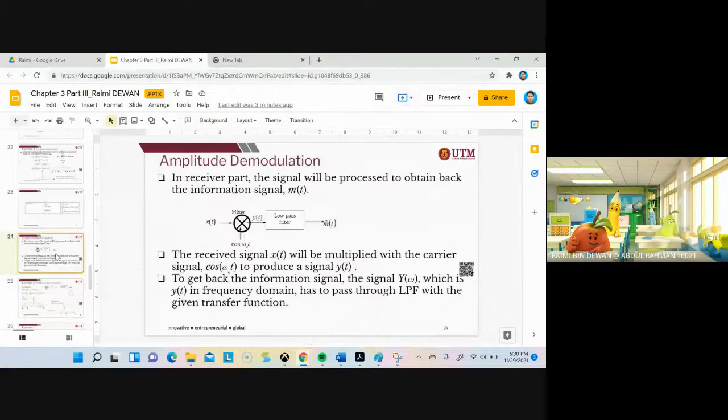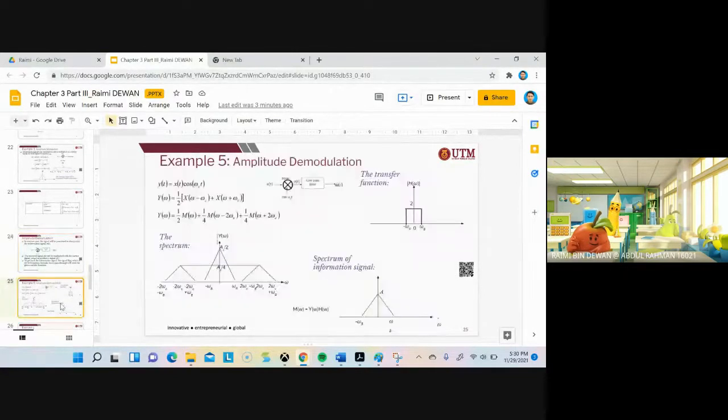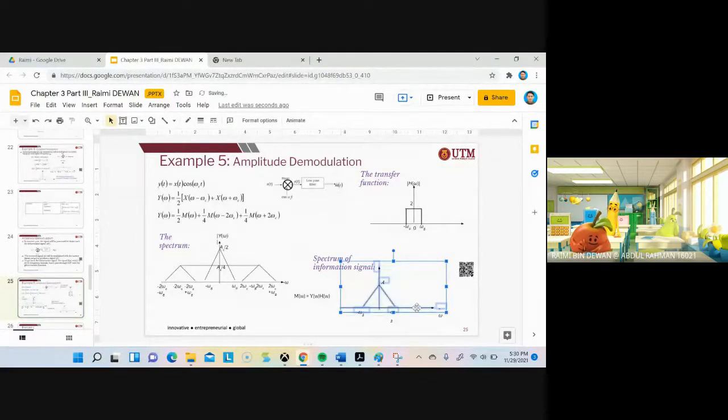To get your message signal, your m, this is your output now. So here is the spectrum of information signals, and then you remove these two other frequencies, and then you obtain your original signal. This is your original signal, right? The omega is actually this one.